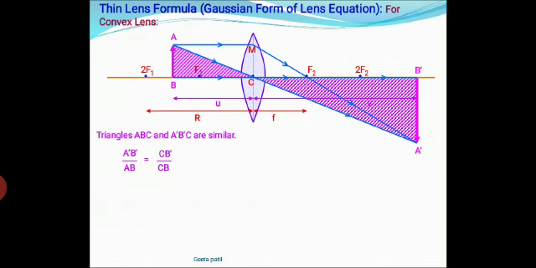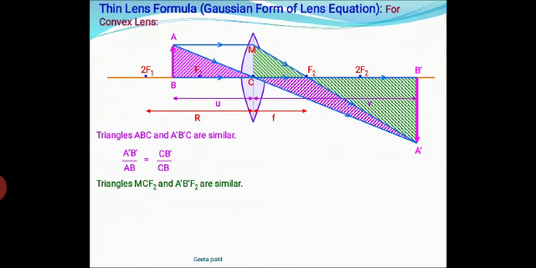Now to derive the thin lens formula, we will consider two triangles ABC and A'B'C, which are similar. So applying the similarity property, A'B' by AB is equal to CB' by CB. Now we consider two more triangles MCF2 and A'B'F2, which are similar.